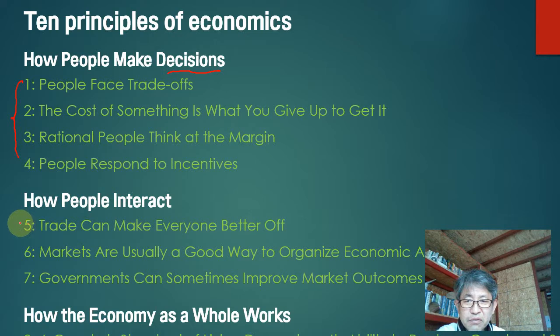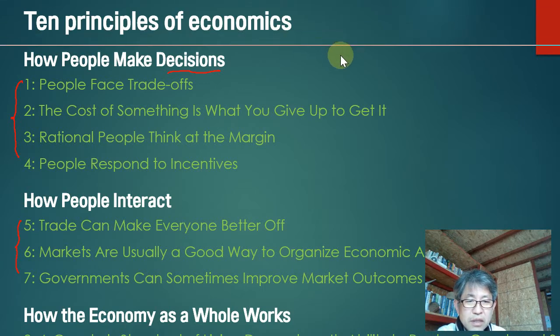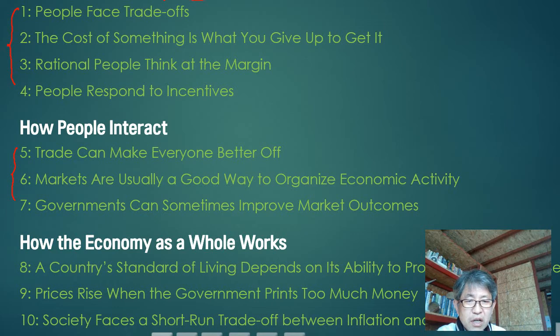The second study we have to look into is how people interact. And the last, third part of the 10 is how the economy as a whole works. So this is the last part we have to review among the 10 principles.